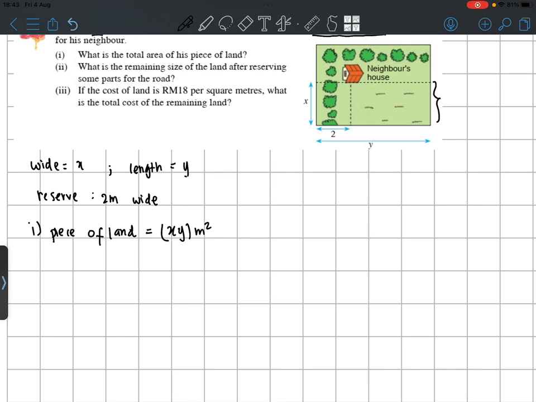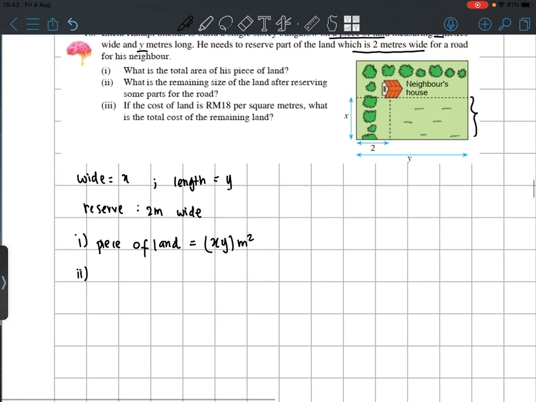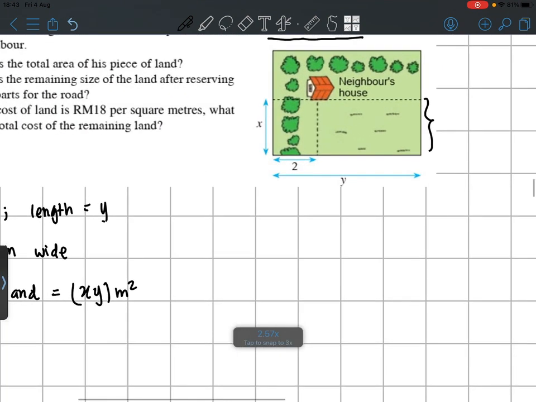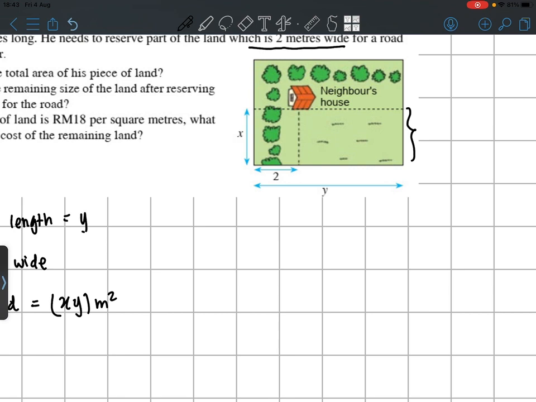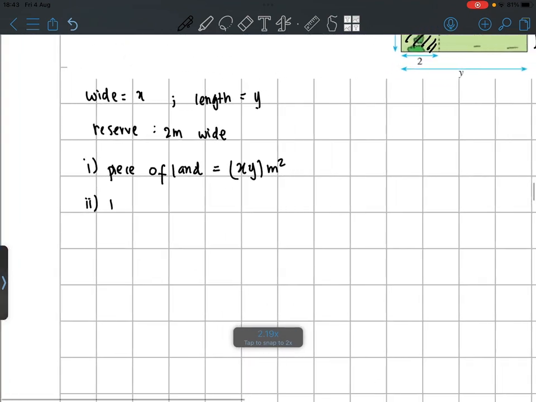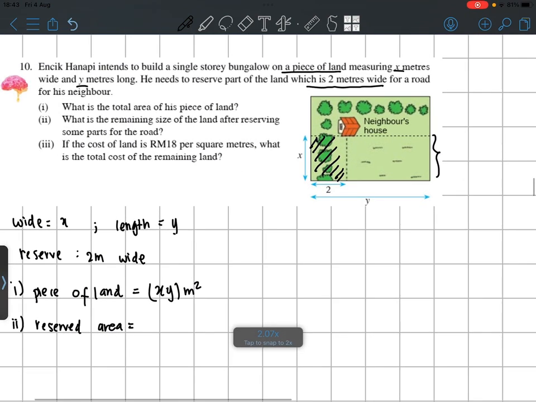Alright, so that's all I guess. So question 2: what is the remaining size of the land after reserving some part for the road? So the part which he reserves is this, right? The reserved area: the length is x, right?